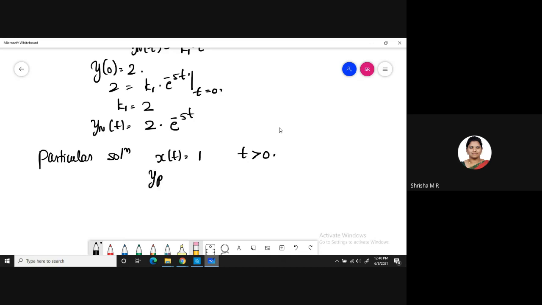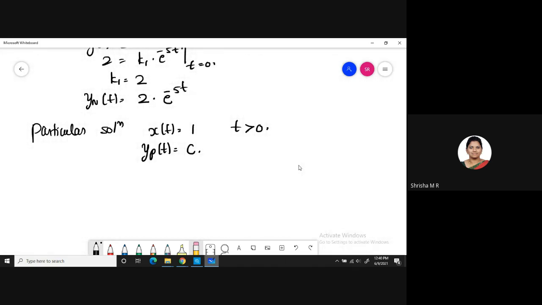So this particular solution yp of t will be of the form c, because the input is a constant. Your particular solution will also be some other constant c. Got it? So how do we find this constant c? We have to find the constant c by substituting the particular solution in the given differential equation.